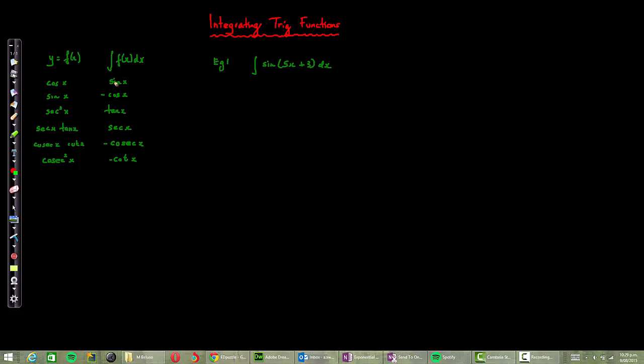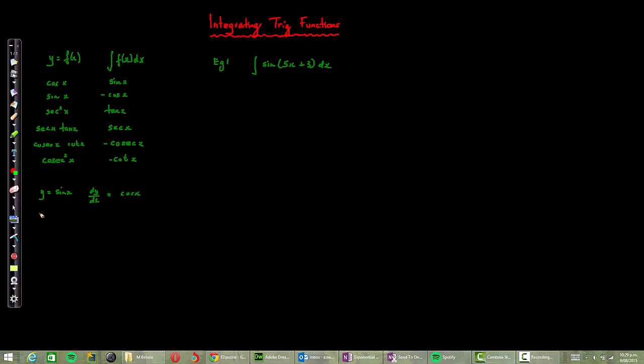What we've got here is essentially a table which is the reverse of the differentiation functions that we looked at for trig functions earlier. So previously we've seen, for example, if we've got a sine function and we derive it, that was equal to the cosine function.